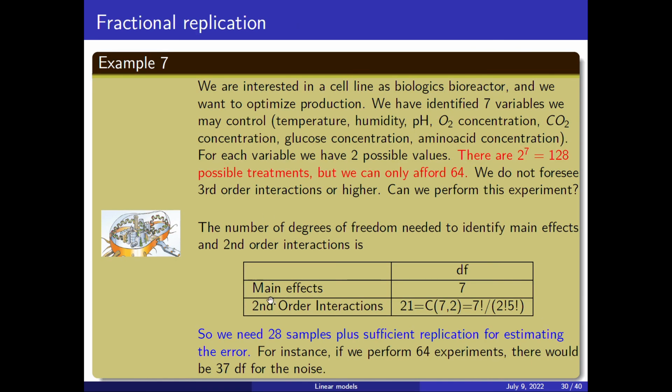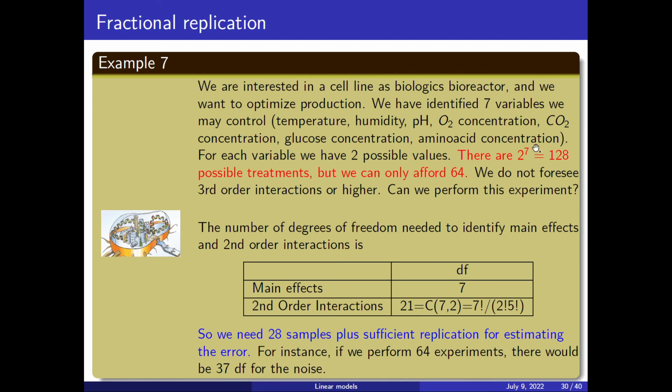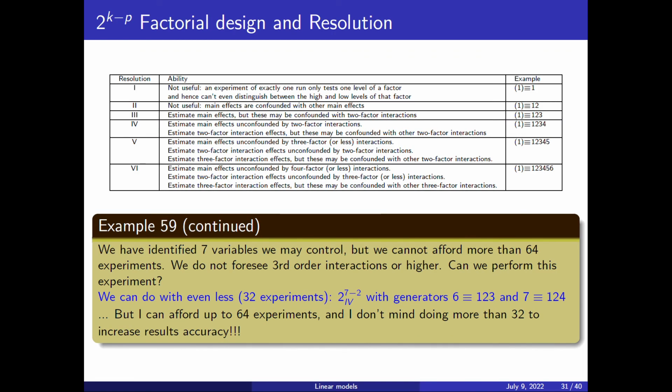So if I'm not really interested in the second order interactions, only in the main effects, with only 32 combinations, not any 32, but specific ones, I can determine which of these 7 variables will make a difference in my cell growth. This is really surprising, and we have explained it with cell growth. You can do it with whatever animal experiment you want, and you would save a lot of animals.